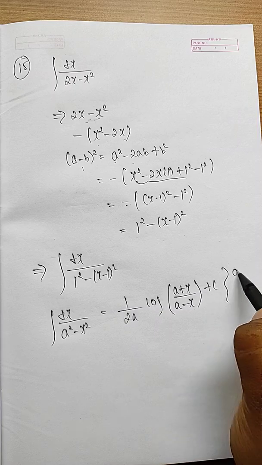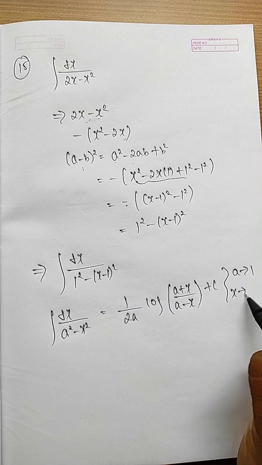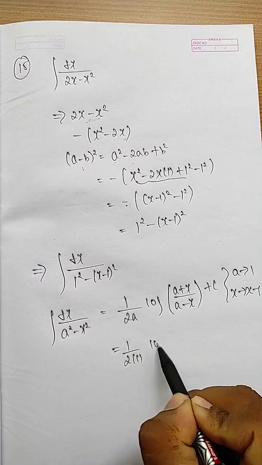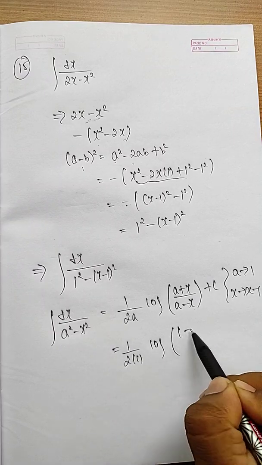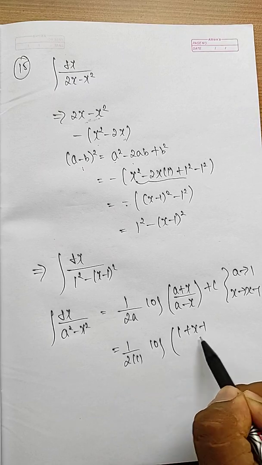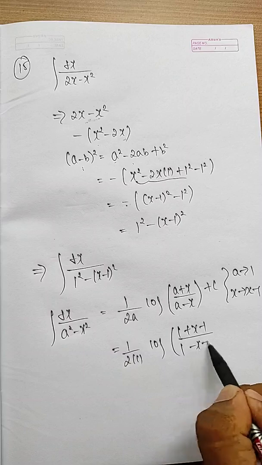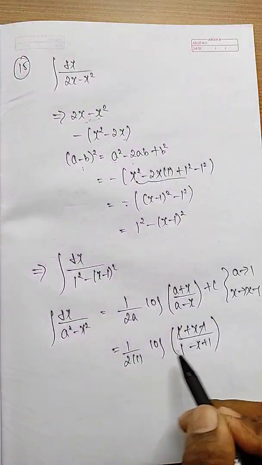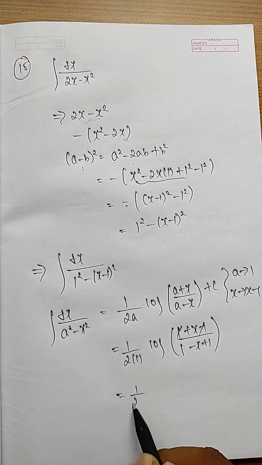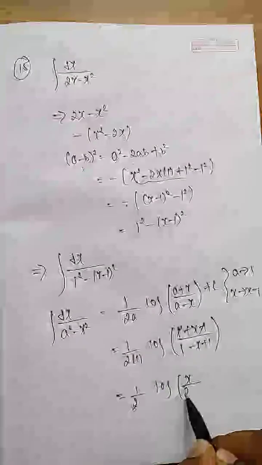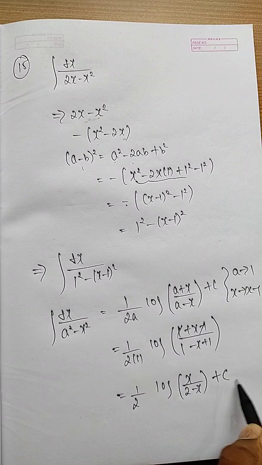On comparing, a is replaced as 1, x is replaced as x minus 1. So this is equal to 1 by 2 into 1 log of a is 1, x is x minus 1, by a is 1 minus x means minus x plus 1. So here 1 minus 1 cancel. This is equal to 1 by 2 log of x by 2 minus x plus c.